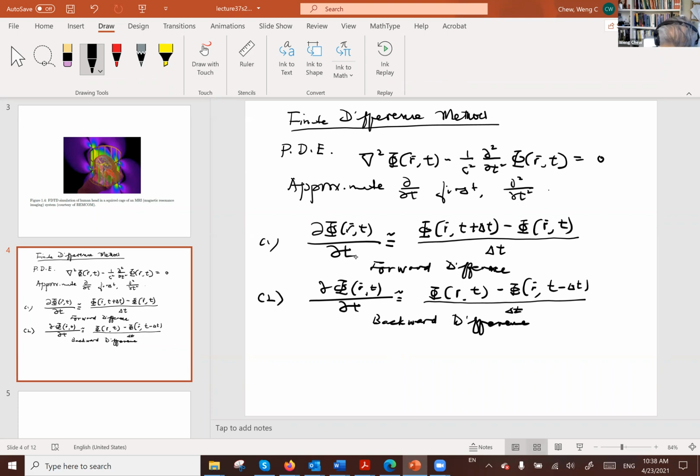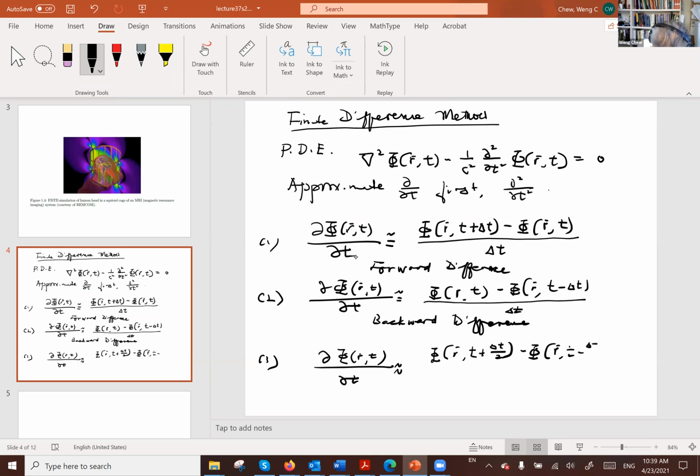Okay, and then the third approach obviously would be doing something that is in between the two. If I want to approximate this derivative, why not pick something more creative than the above two, which is to pick the value of t that is slightly ahead of its time, and then take the value that is slightly behind its time, and then divide by delta t.